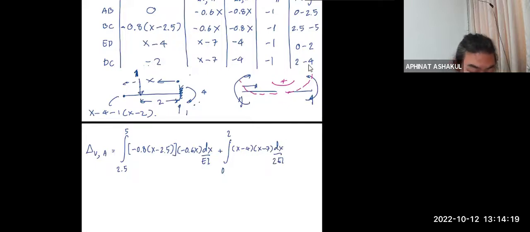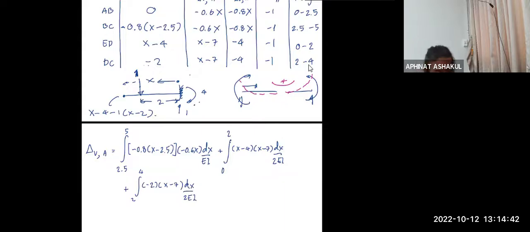Right? Be careful with the I. And then the last one is from 2 to 4, minus 2 x minus 7 dx over 2EI. That sums up the work for the calculation of vertical displacement at A.